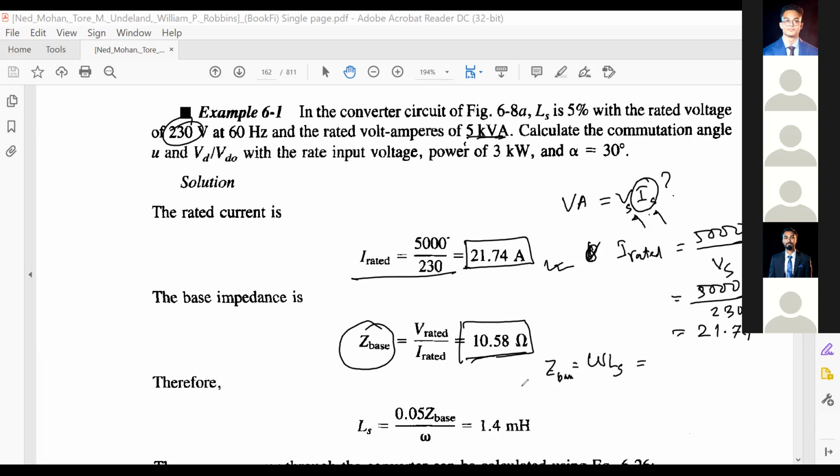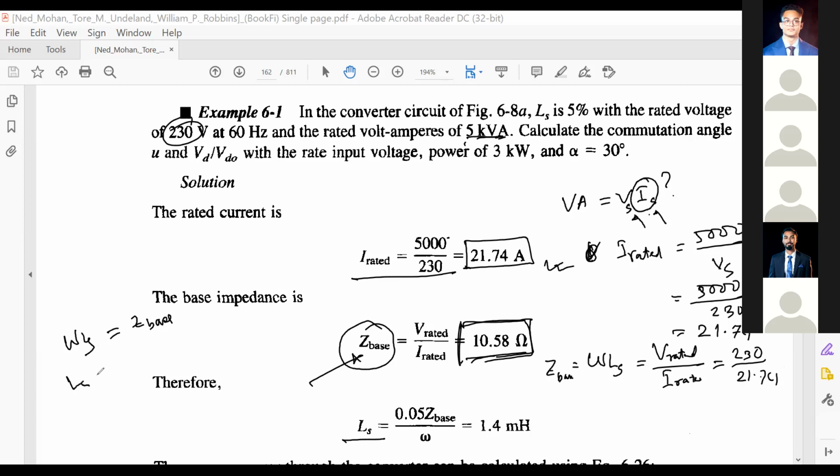That we have already found. V rated divided by I rated, V by I, is the impedance. V rated we know is 230. I rated we have already found, 21.74. Then you can find your base impedance as 10.58 ohms. Then omega Ls will be related to Z base, right?